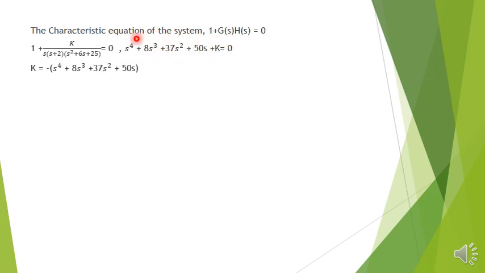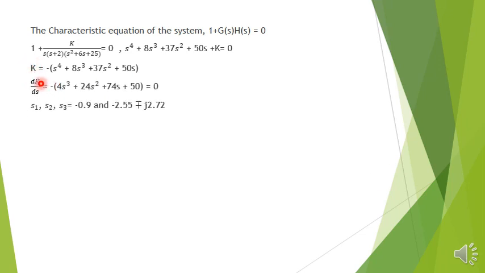From this characteristic equation we need to separate K as a function of s. By doing so, we get K equal to minus of (s to the power 4 plus 8s cube plus 37s square plus 50s). To find the possible breakaway points, we need to differentiate K with respect to s and equate to 0.